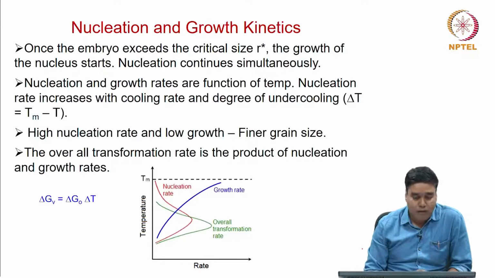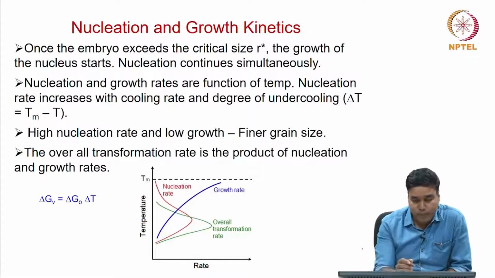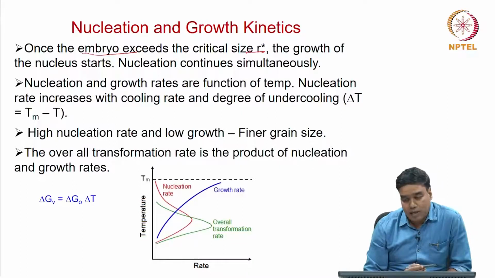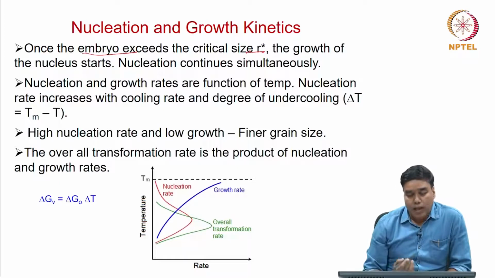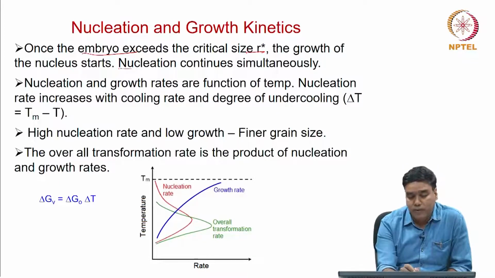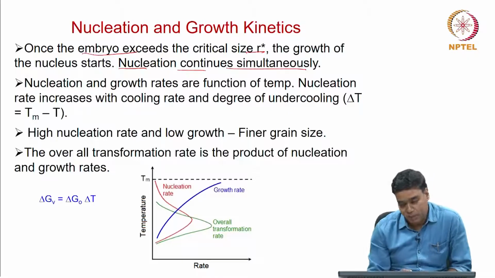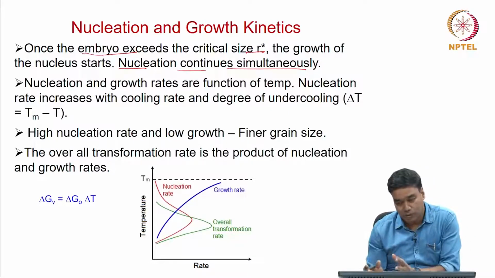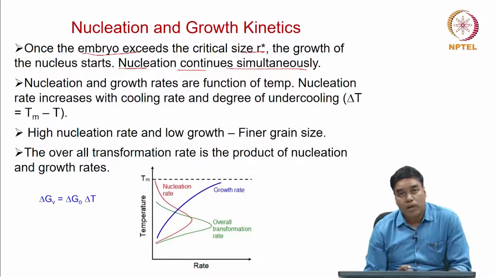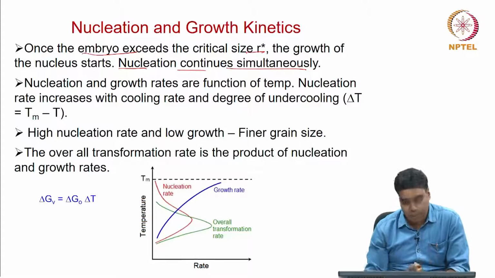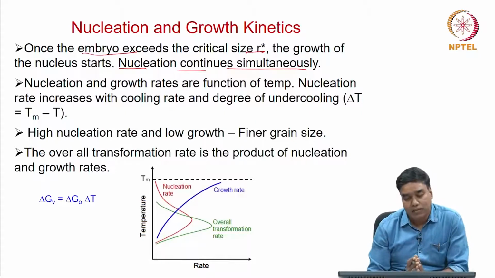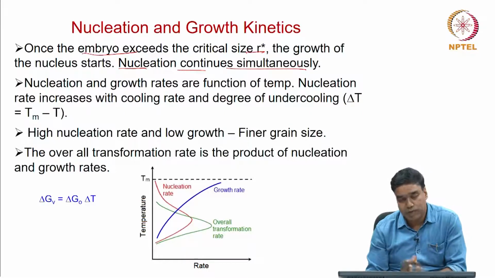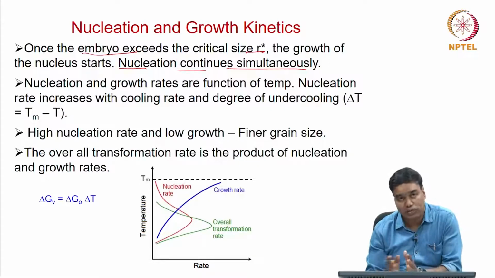So, as we understood by now, once the embryo reaches that critical size R star, the growth process will start. And on the other hand, nucleation continues simultaneously. That means, once this critical size nucleus starts to grow, more and more smaller nuclei will also form simultaneously, and as and when these nuclei also attain that critical size, they will also start to grow.